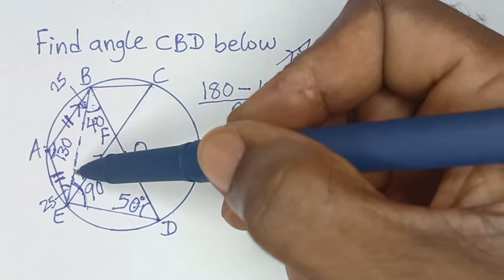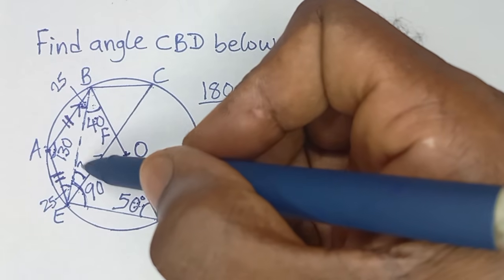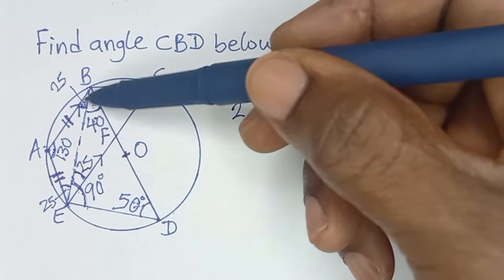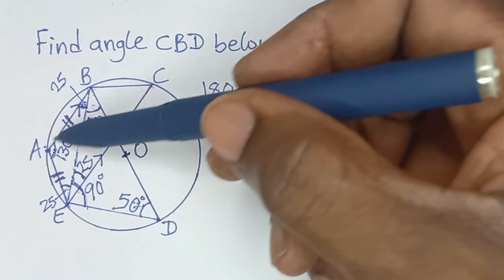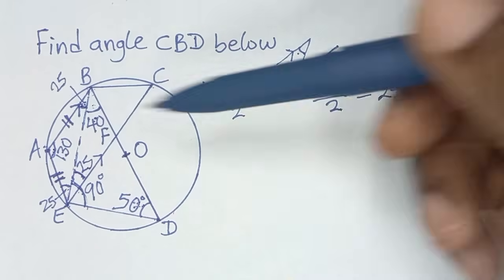So this 25 will also be equal to this angle here, which is 25, because they are alternate angles, and alternate angles are equal. Don't forget the Z sign like this.